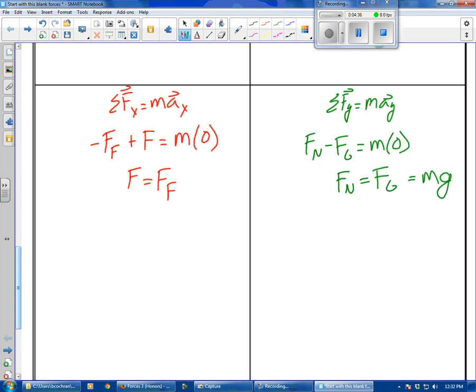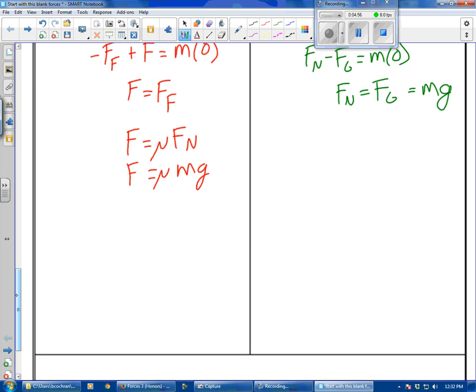They want to know the coefficient of friction, which I'm going to need to do over here because I'm going to have to do F equals mu force normal. And then I can substitute in mg for force normal from the other side. And a little rearranging gives me mu equals F over mg.